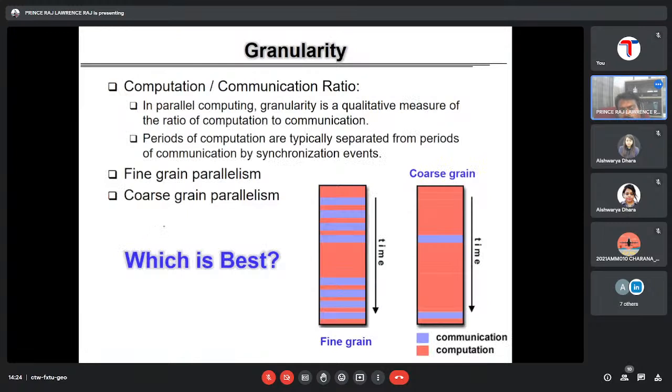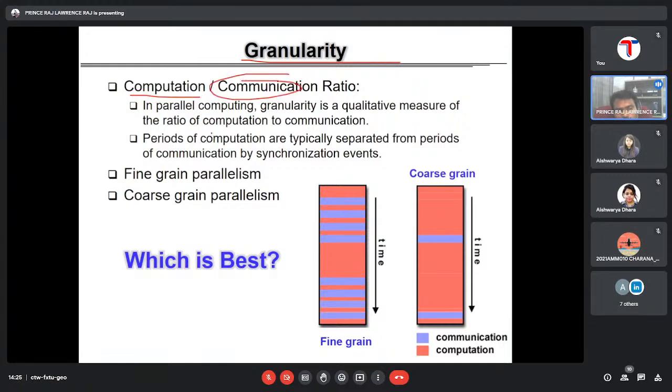Now the question is what the communication ratio must be. Can I have fast communication, meaning often I have to communicate, or should I do only computation? It depends. First, what is granularity? Granularity is nothing but the ratio of computation and communication.